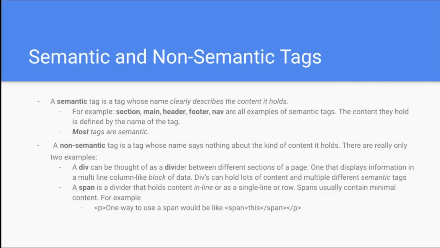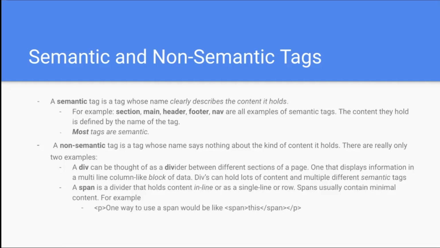Whereas a non-semantic tag has a name that does not say anything about the kind of content it holds. Like a div would stand for a divider, and you can put all sorts of things inside of a divider. A semantic tag really only has one function, one purpose. It does one specific kind of thing.